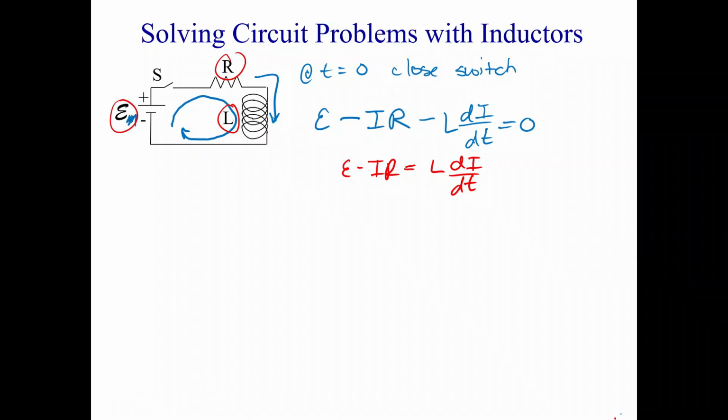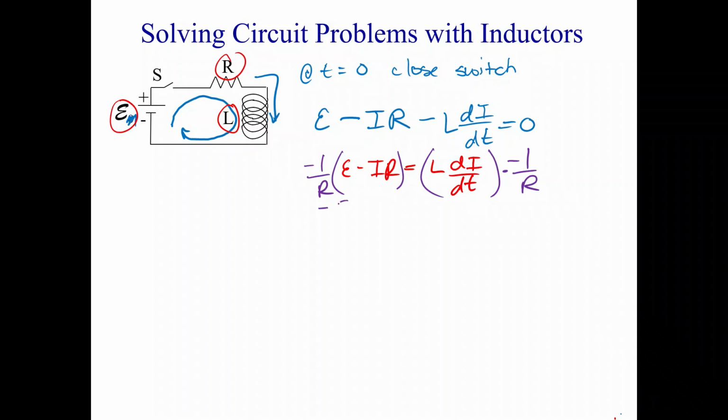The first thing I'm going to do is get I by itself, by multiplying this whole equation on both sides by negative 1 over R. That will make more sense later because I'm going to need to use that same natural log integral, and it also helps some of the other terms make more sense.